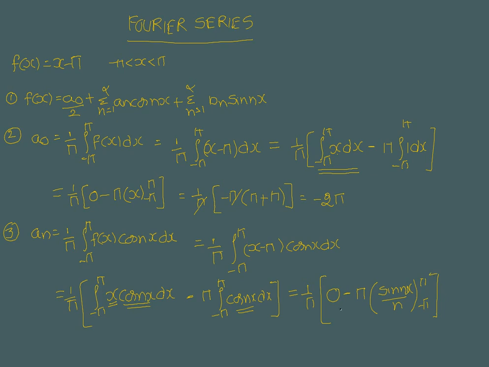So this is 1 by pi, and the pi's cancel, leaving minus [sin n pi by n minus sin n(minus pi) by n].